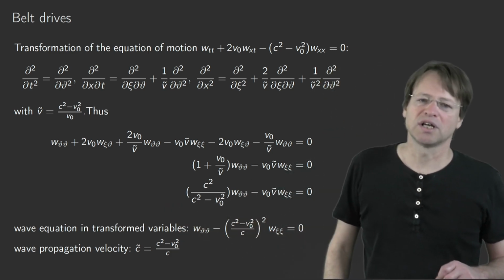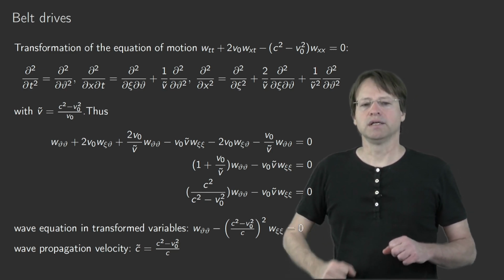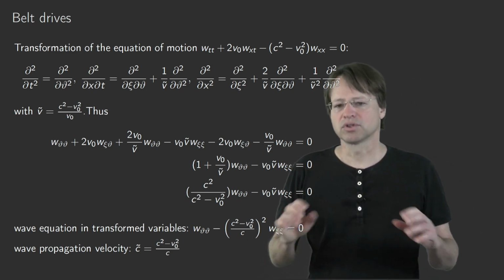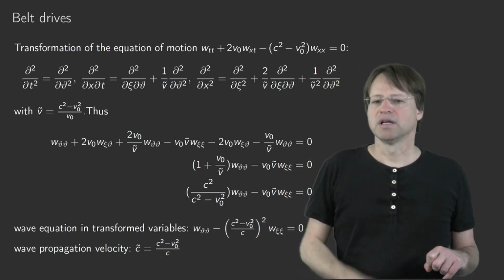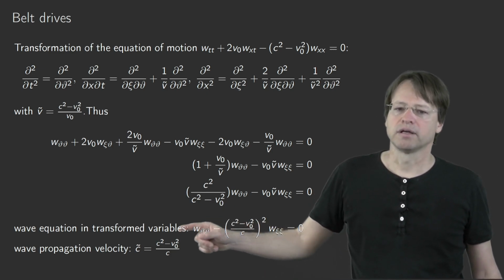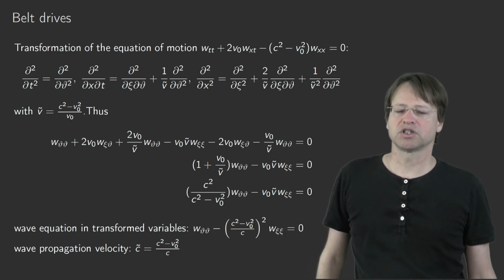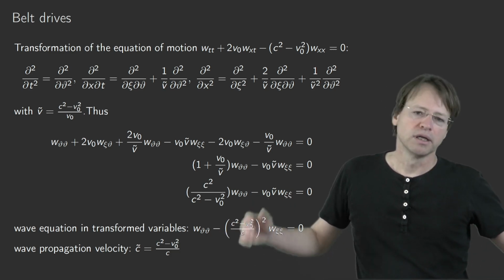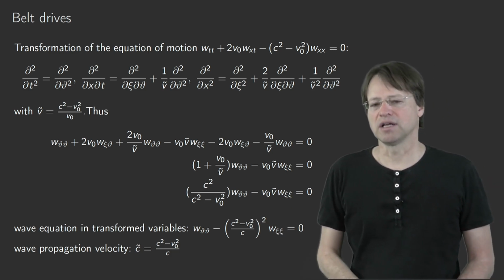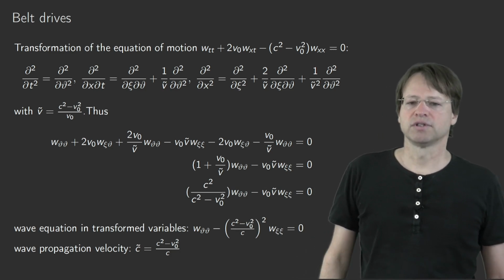But if v naught is larger than c, then we are not talking about a good belt drive where we have a high preload and there is no slip, but this would exactly be a condition in which we would have slip and in which the preload would be too low. So therefore, such high belt velocities are not realistic. So in reality, that wave propagation velocity is a positive constant.